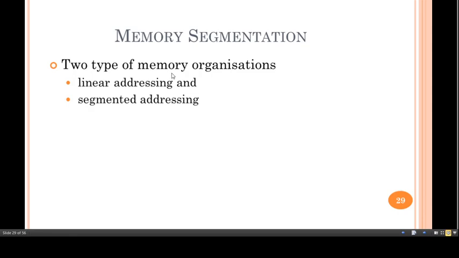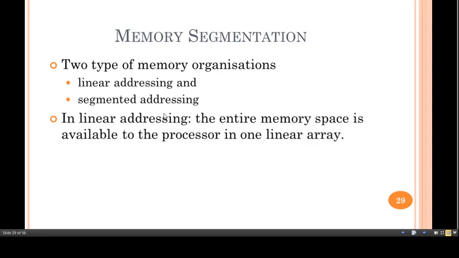Memory segmentation. There are two main types of memory organization, meaning how the memory is actually organized. The first is linear addressing and the second is segmented addressing. What is linear addressing? When the entire memory space is available to the processor as one linear array, that organization is called linear addressing.